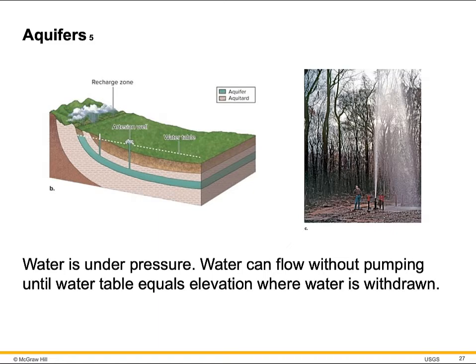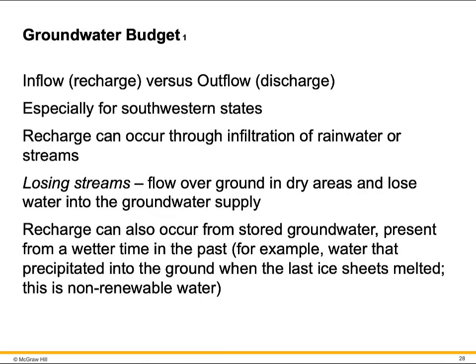Recharge can occur through infiltration of rainwater or streams. Losing streams flow over ground in dry areas and lose water into the groundwater supply. Recharge can also occur from stored groundwater present from a wetter time in the past, for example, water that precipitated into the ground when the last ice sheets melted.